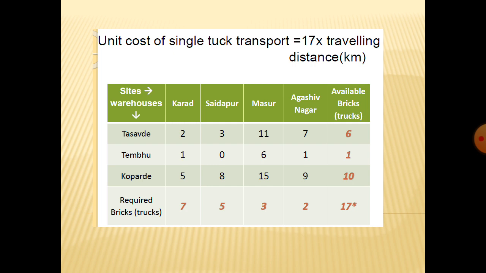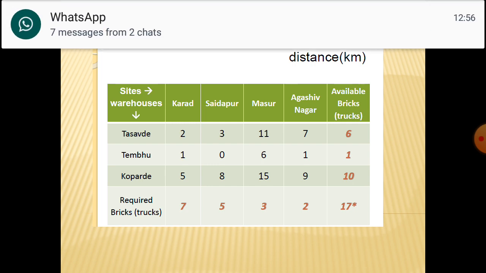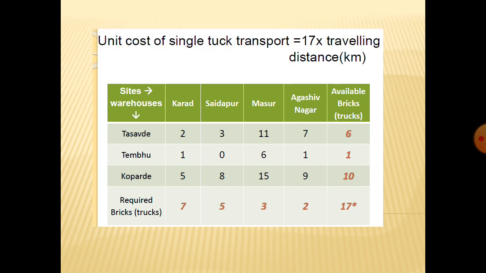After adding all these, you will get 17. Supply is equal to requirement. It is a balanced problem. Now you can proceed with the problem by finding the basic feasible solution by the VAM method.